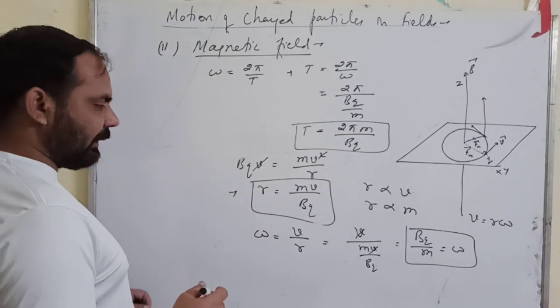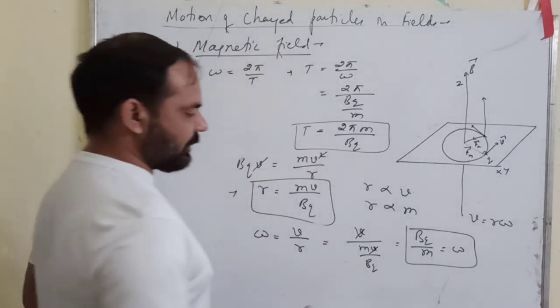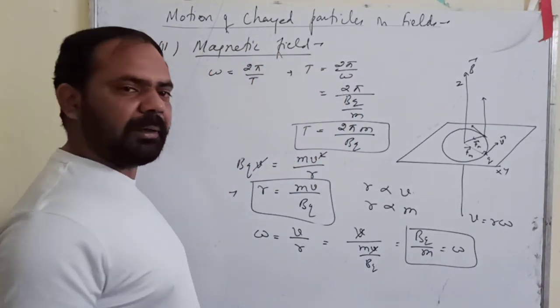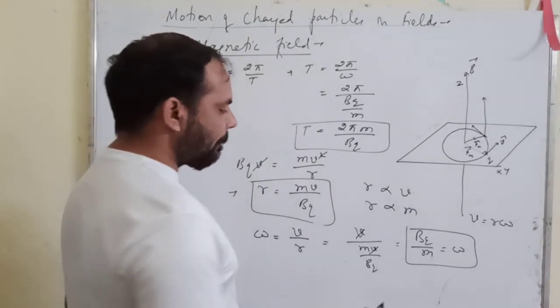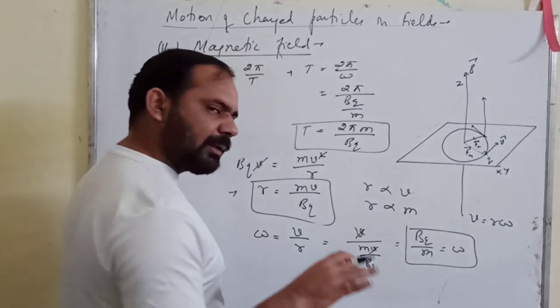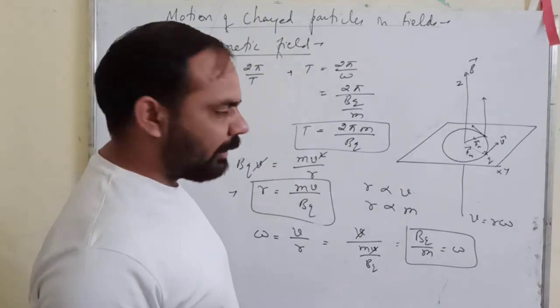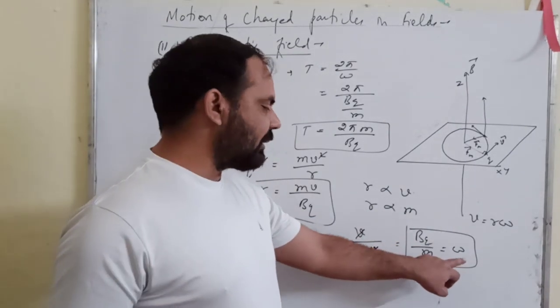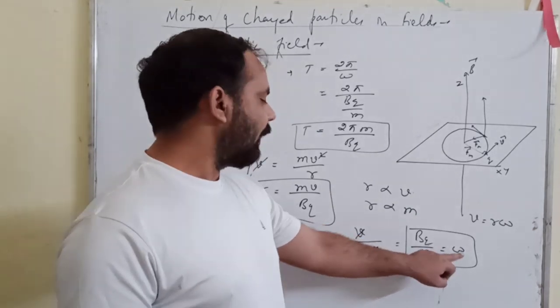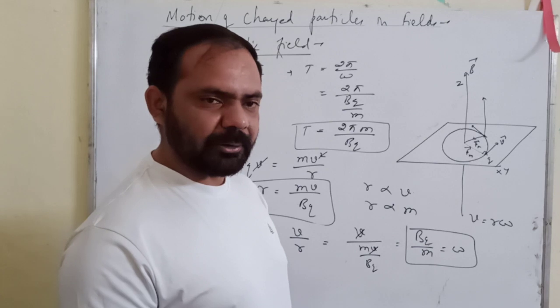Now you can observe one thing from both these expressions, that omega depends on B, the strength of the magnetic field, which is actually a constant, right? The charge of the particle is again a constant and the mass of the particle is also a constant quantity, right? It simply means that omega does not depend on R, and does not depend on v also.